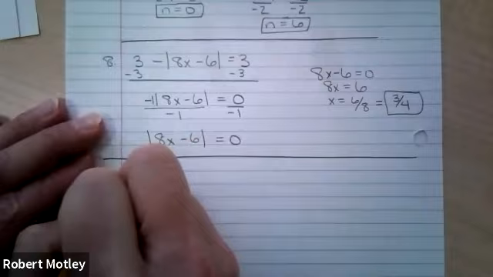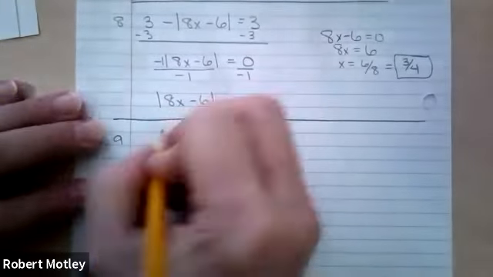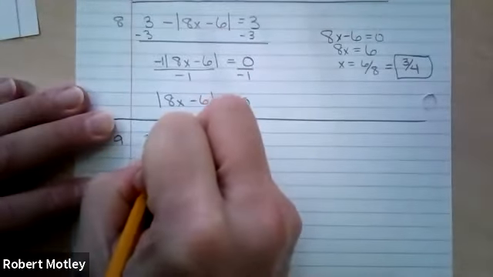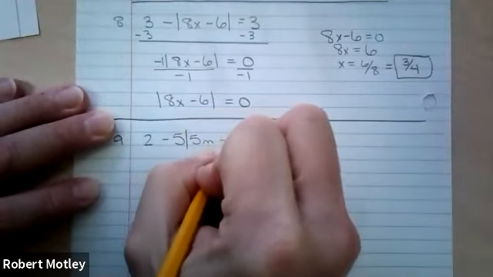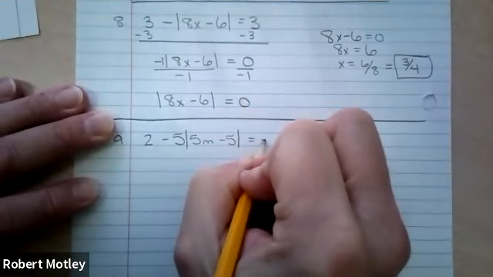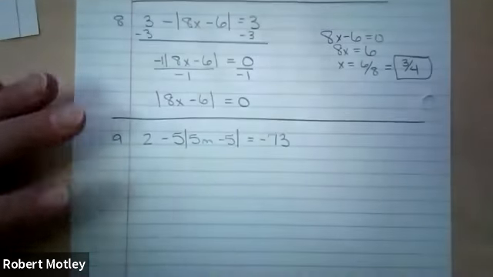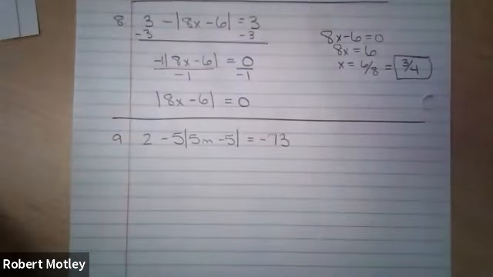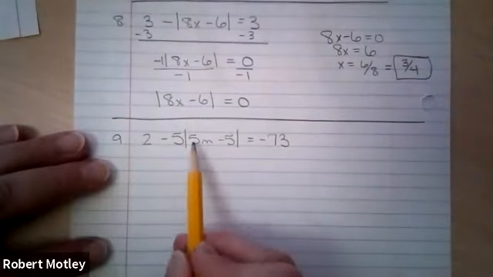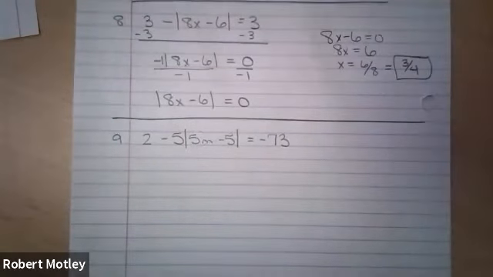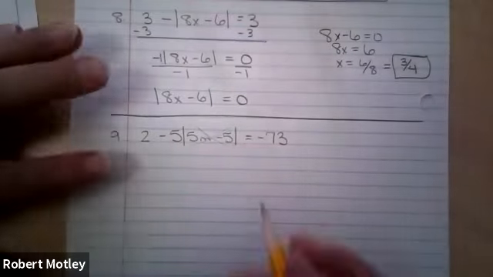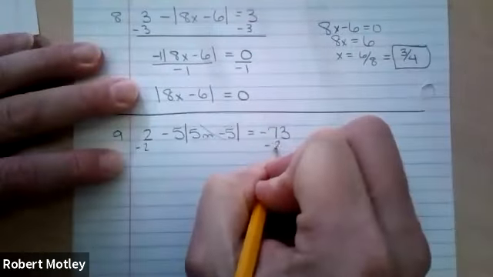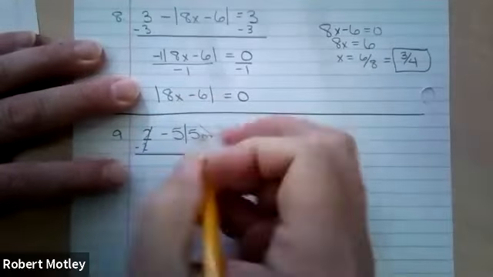All right. And last but not least on this section, we've got 2 minus 5 absolute value of 5m minus 5 equals negative 73. And like I said, I kind of imagine that just being one big old variable right there. So imagine this being a big old x. I want to get that by itself. So I'm going to subtract my 2 from both sides.